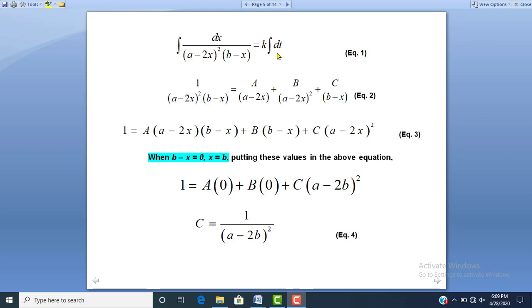Dear students, equation 1 can be solved by integration, but we have to apply the partial fraction method to solve equation number 1.